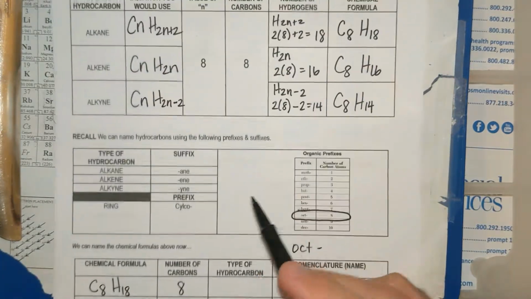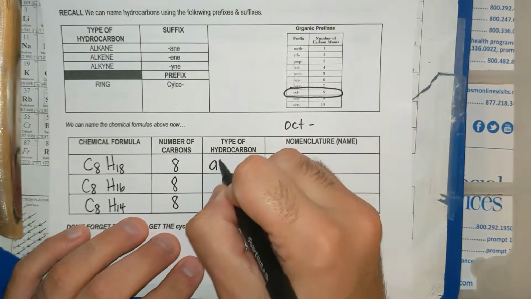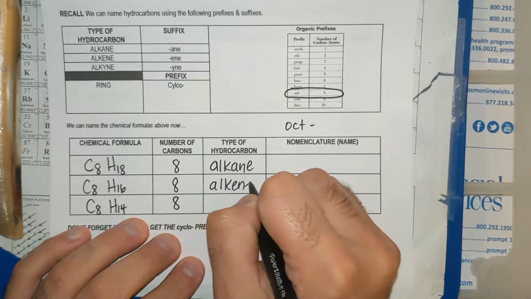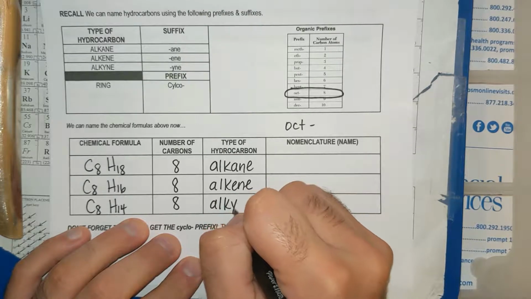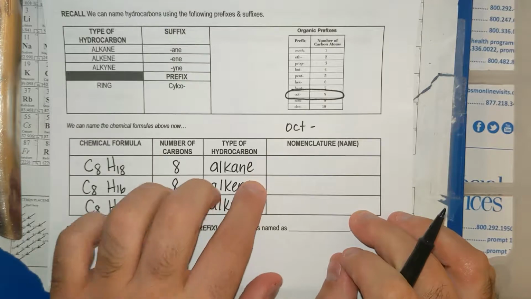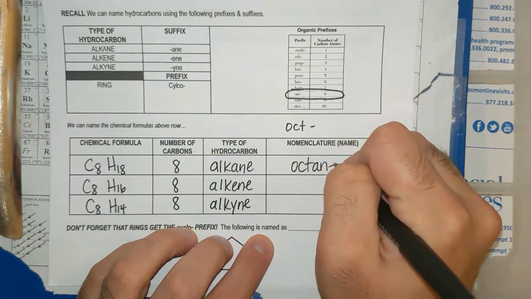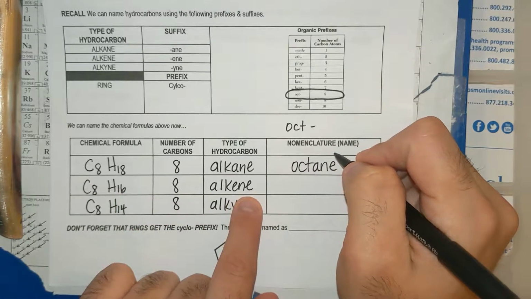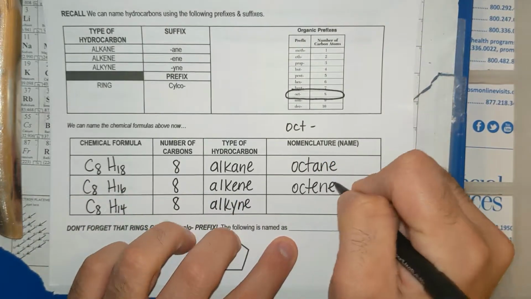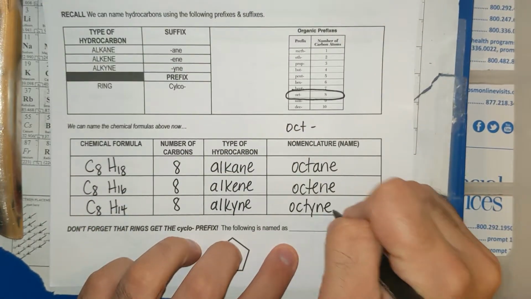And the type of hydrocarbon, I put it up here: alkane, alkene, and alkyne. And if I want to name 8 carbons that are an alkane using oct, it would be octane. 8 carbons that is an alkene that has a double bond, octene. 8 carbons with a triple bond, octyne.